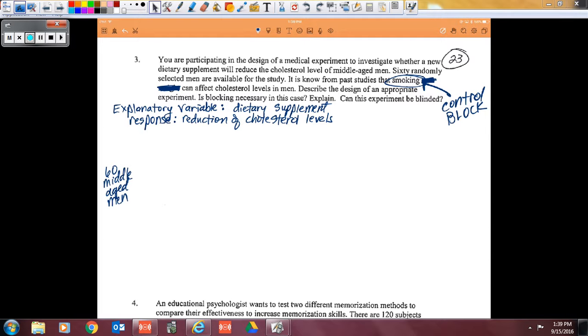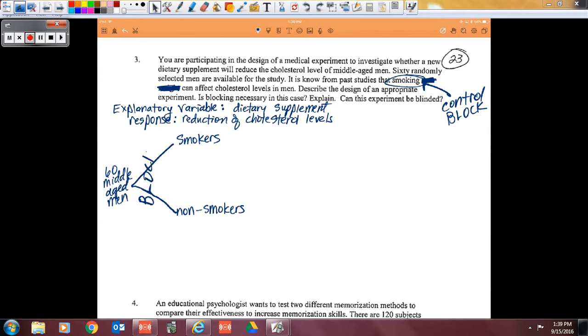Okay, let's control them by making 2 homogeneous groups. And what do you think those homogeneous groups are? Perfect. Smokers and non-smokers. Because I do not want to compare those kinds of people together, because I think smoking can affect cholesterol levels.